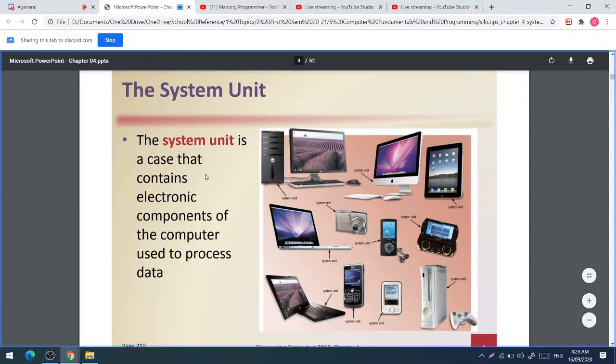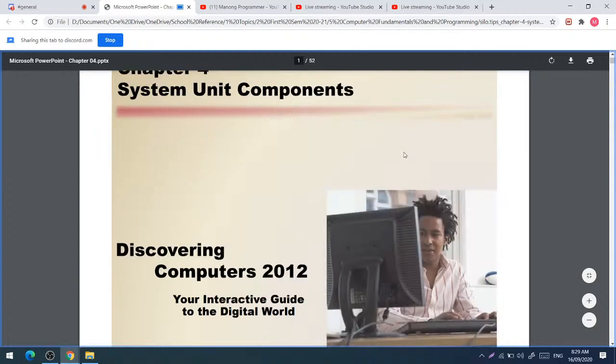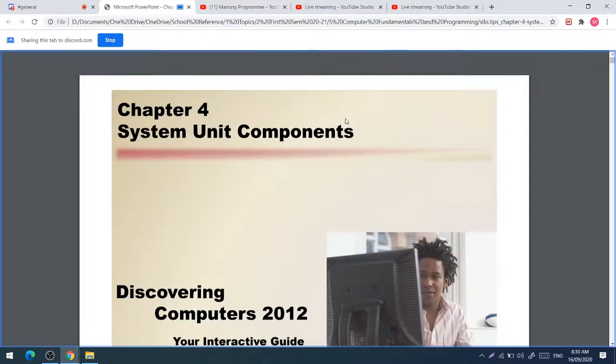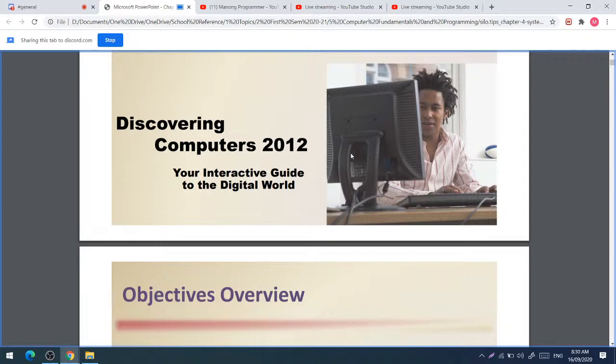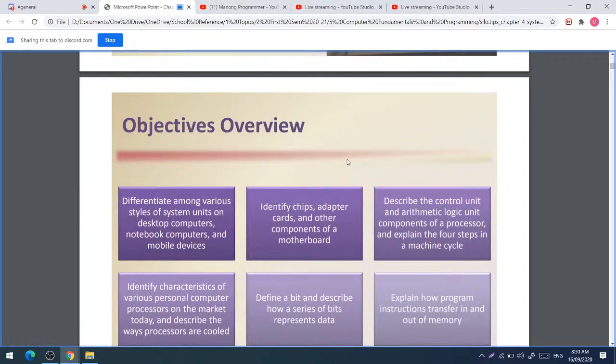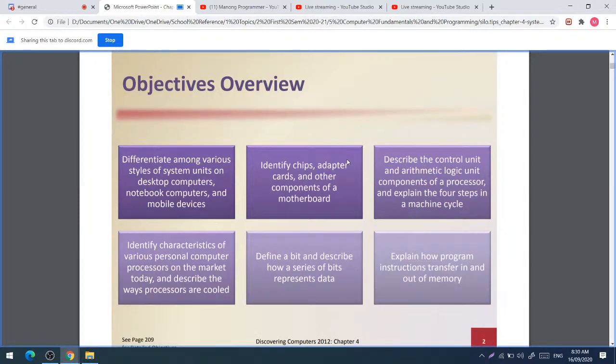So, let's go back from the beginning. Good morning once again. As I told you a while ago, we will be discussing the system unit or the components of the system unit. This will include the different parts, which is the processor, the memory, the chips, adapter cards, including the main parts of the CPU, which is the control unit and the arithmetic logic unit.